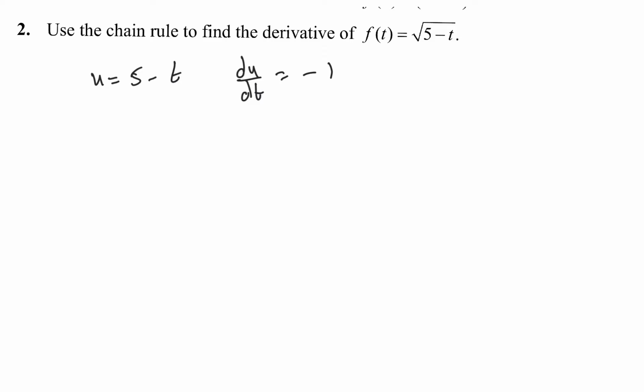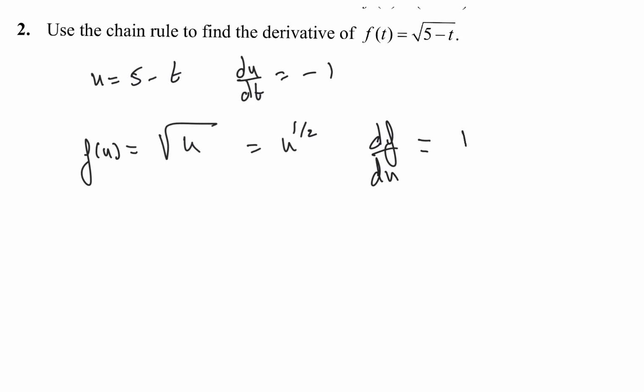So, f of u will be the square root of 5 minus t, square root of u. So it will be u to the 1/2. And the derivative of f respect to the u will be 1/2 u to the 1/2 minus 1, minus 1/2.